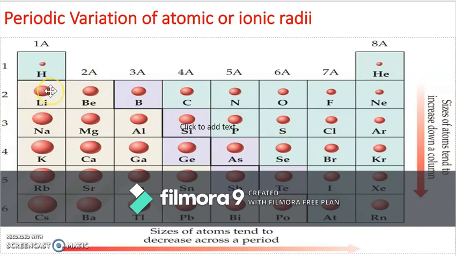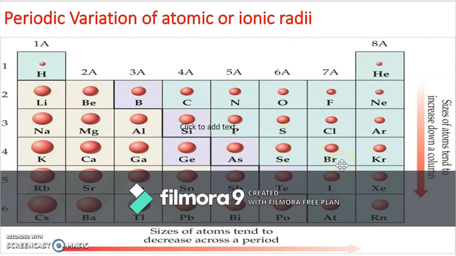It is observed that the atomic radii go on decreasing from lithium to fluorine. Here these are the atomic sizes. This bubble shows atomic size. Lithium is bigger than fluorine. The size decreases from lithium to fluorine.